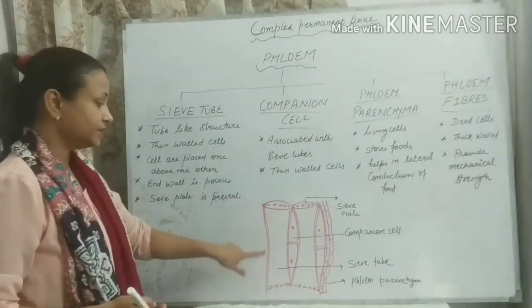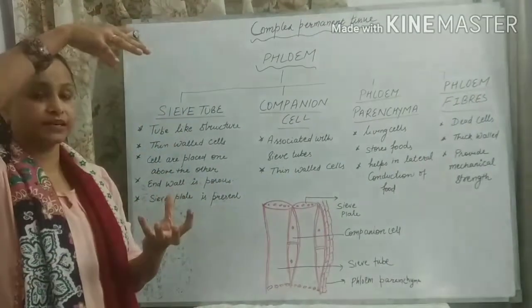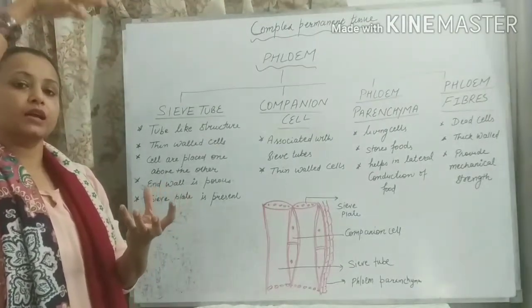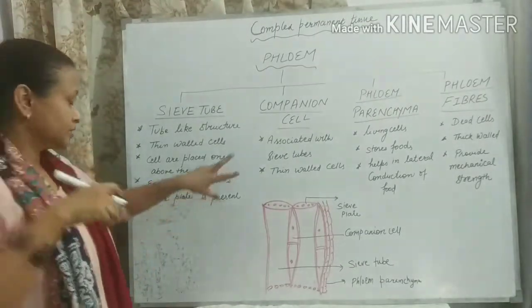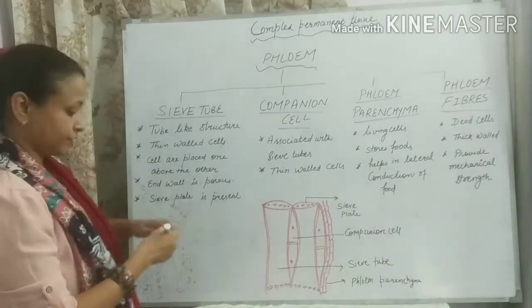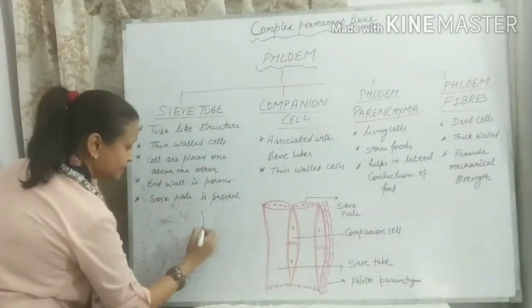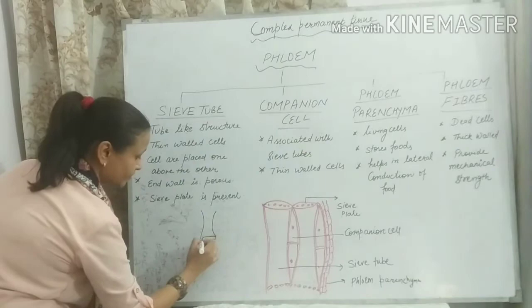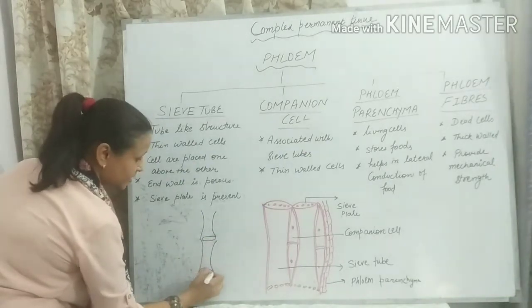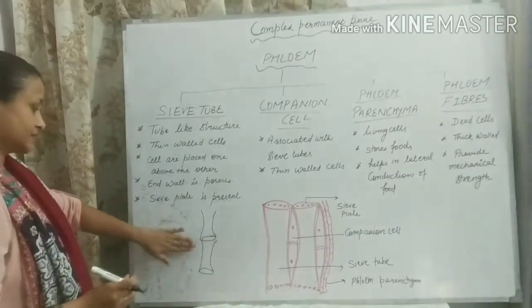So when these tube-like structures are connected one above the other, in between two sieve tubes, for example, this is one sieve tube, this is another sieve tube, they are connected just like cells.